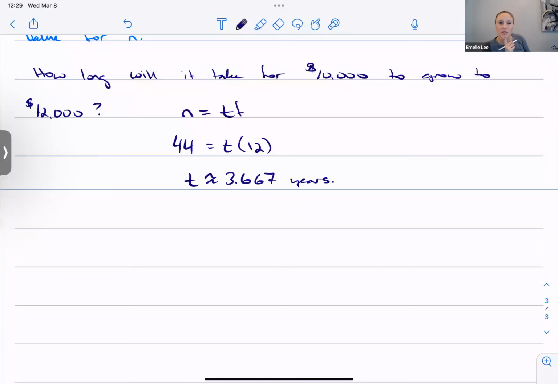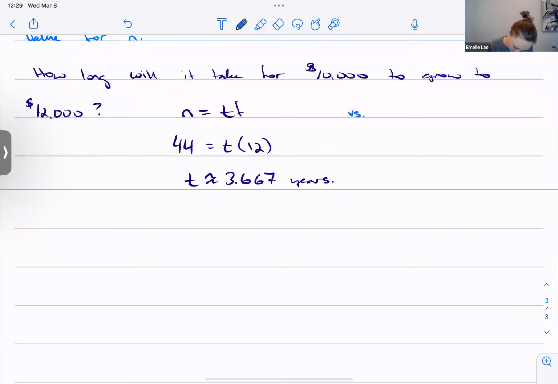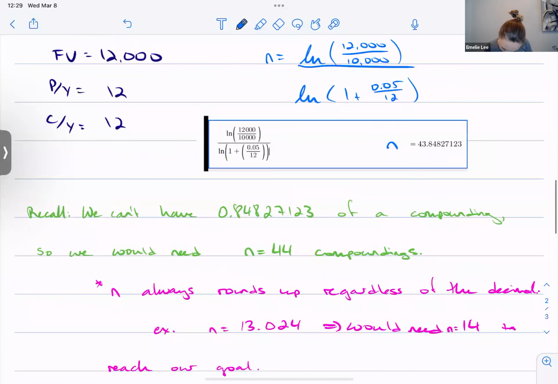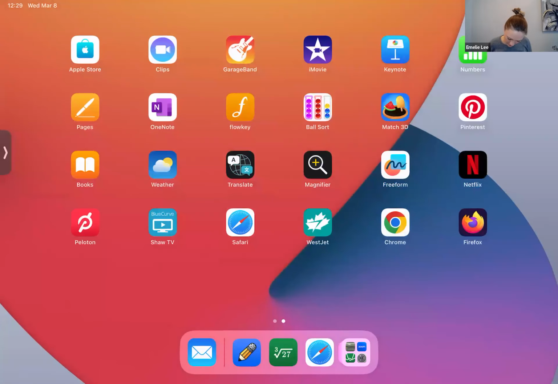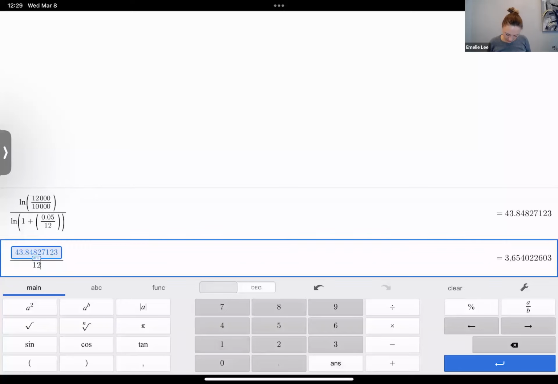What if we had used the unrounded value, versus if n is equal to 43.84827? Use that previous answer divided by 12.